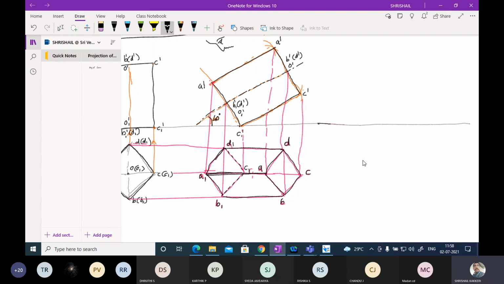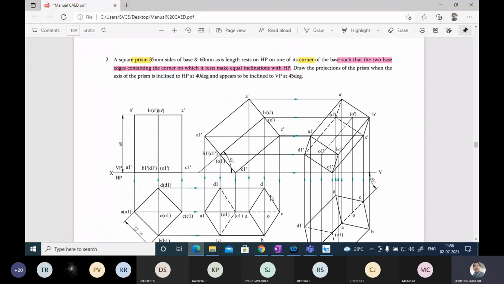Extend this. Now what I am doing is, they have not given us either the base is nearer to the observer or the top is nearer to the observer. They are not given.